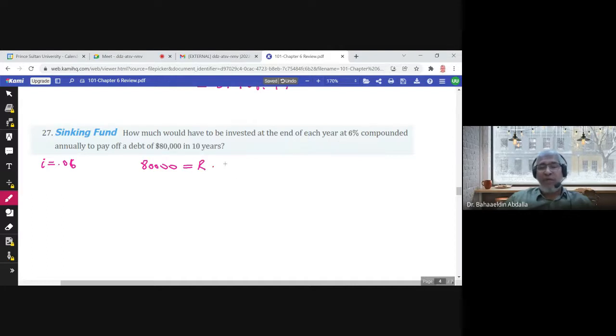So this is an ordinary annuity. And 1 plus I would be 1.06 to the power n, where n is the number of periods here, minus 1 over I, which is 0.06.